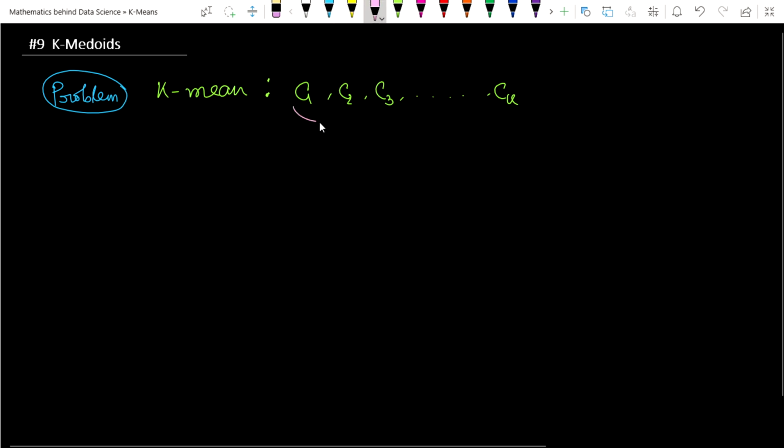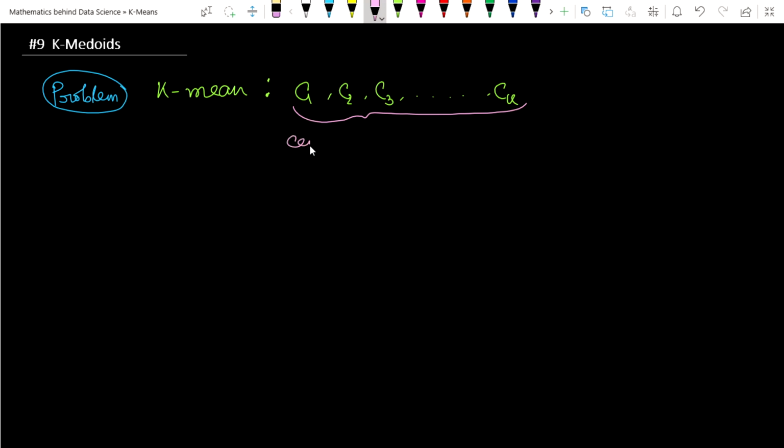The main problem is that the centroid that we have to predict may not be interpretable.